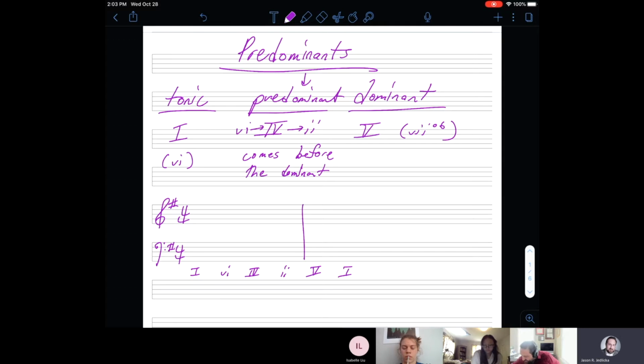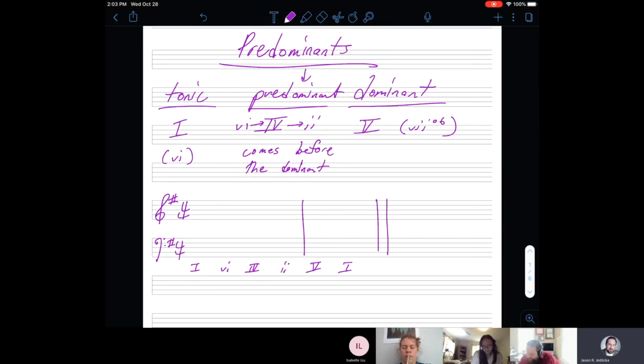Or 5, 7, 1, but I'll just use all triads. Now our bass would go down, see how they all go down by thirds?